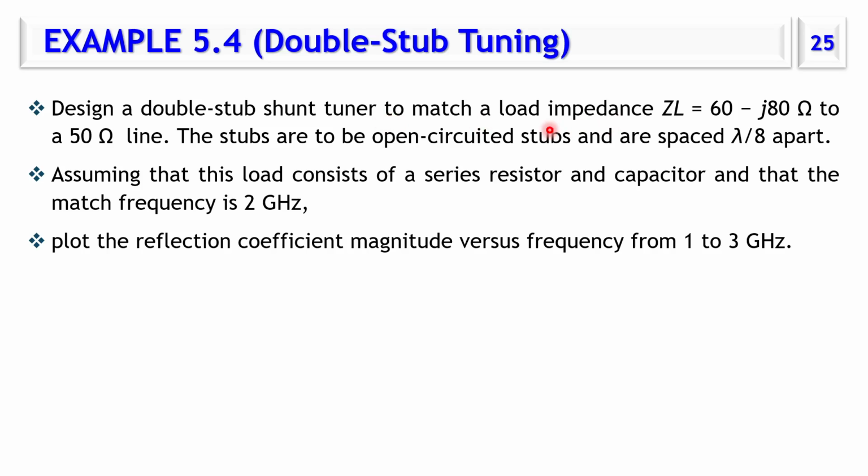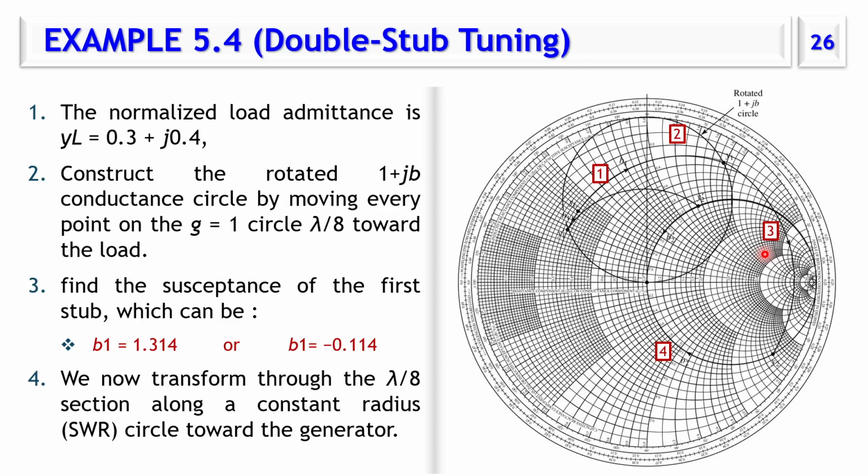So shunt load impedance is ZL given, 50 ohm transmission line. The stubs are open circuited, separated by lambda by 8. So it's giving us all the needed information. It's giving us the tuning frequency, giving us the range that we need to study the behavior over frequency.